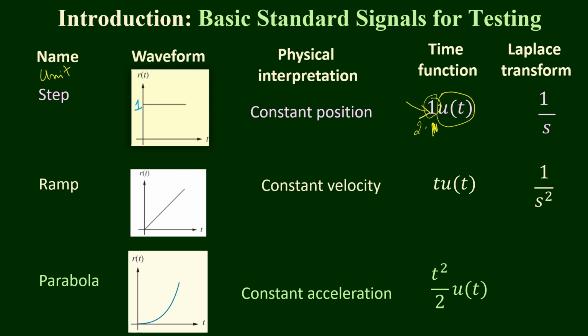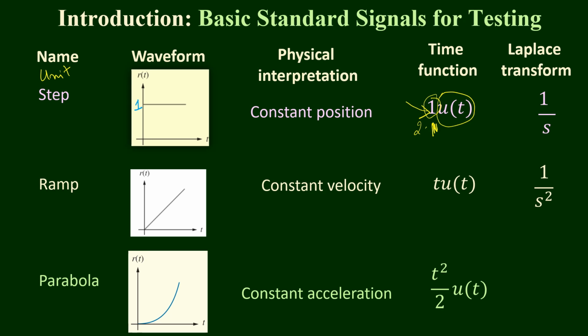One question may come to your mind, and can you answer that yourself or search for it: why is it like this? Normally, position is the integral of velocity, and velocity is the derivative of position, and acceleration is the derivative of velocity.